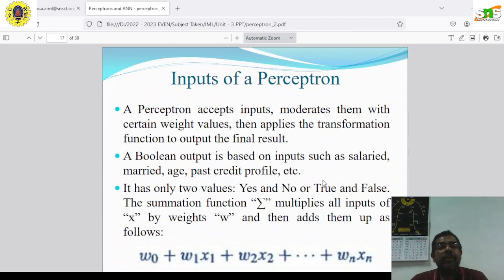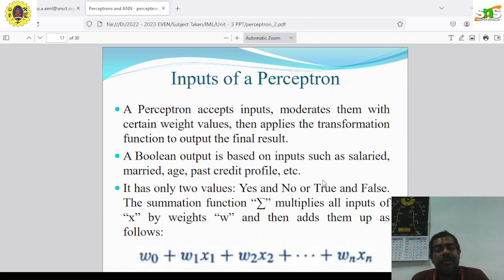Now we quickly see the inputs of a perceptron. A perceptron accepts inputs, moderates them with certain weight values, and applies the transformation function to output the final result. The output of the perceptron is a Boolean outcome, for inputs like salaried, marriage, age, past credit profile.